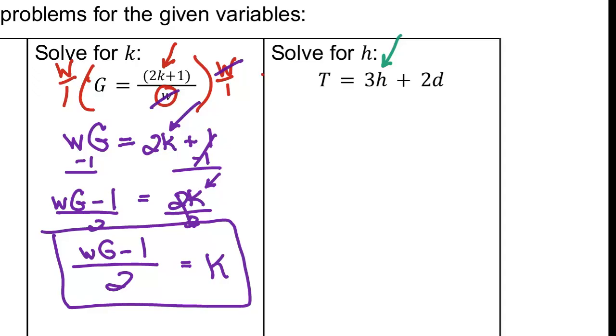Keep the H term there. We don't want to do anything with H. We want to get rid of anything else that's there. So what would I get rid of? All right, and D is tightly bound with that 2. Okay, so I want to get rid of that whole term. So how do I move it out of that right-hand side? Subtract. Good. So subtract 2D, subtract 2D.